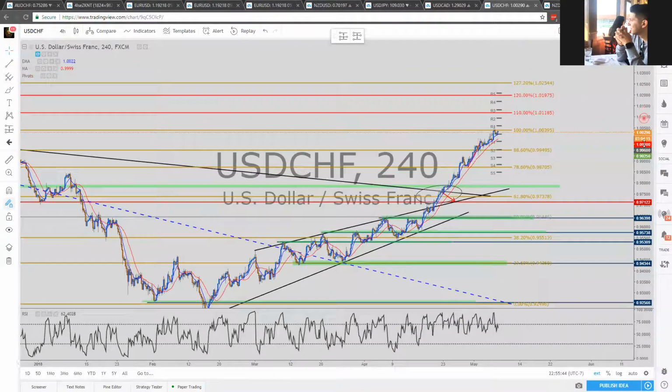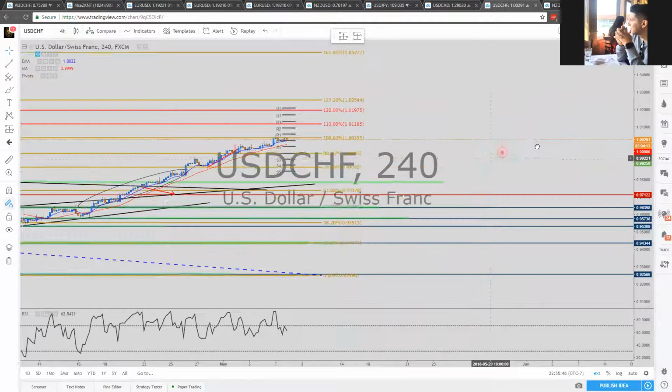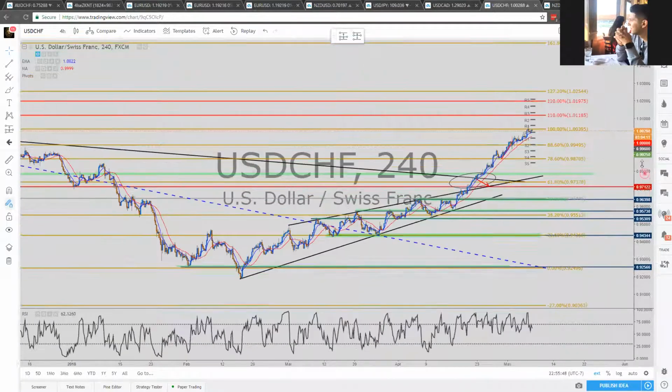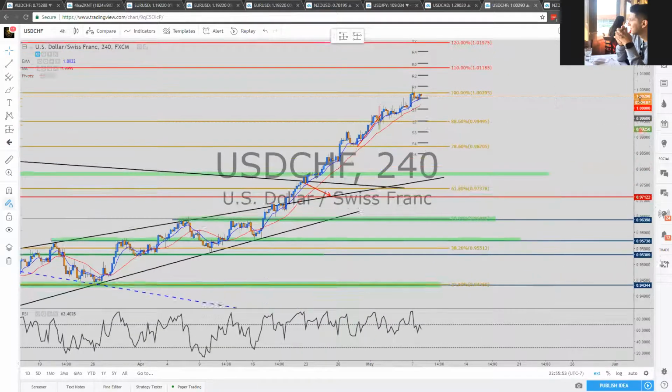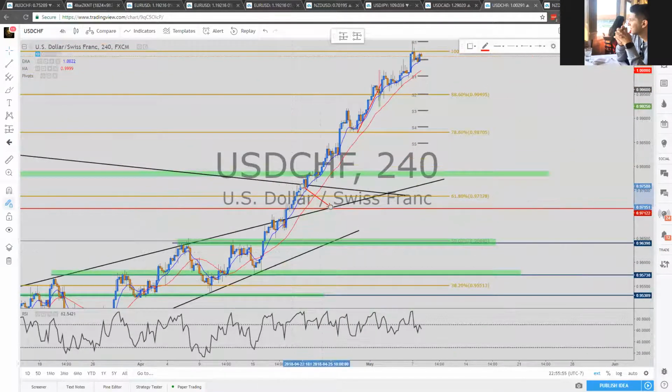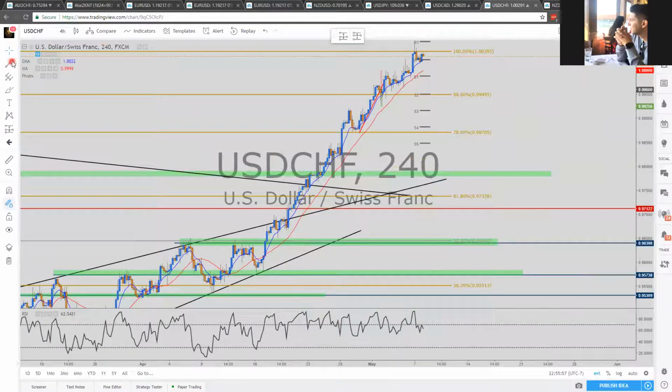If I go on the 4-hour, remove this. So with this support line here, we can see that it was touching multiple times and then it broke through, kind of hitting as a resistance up here.